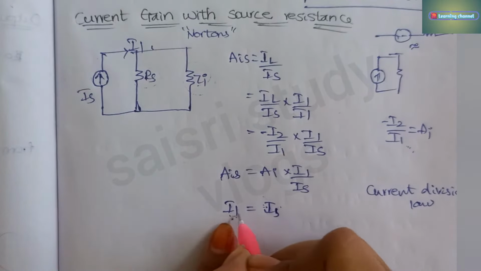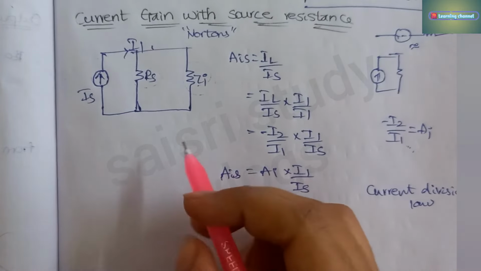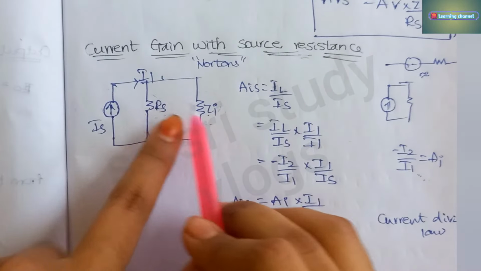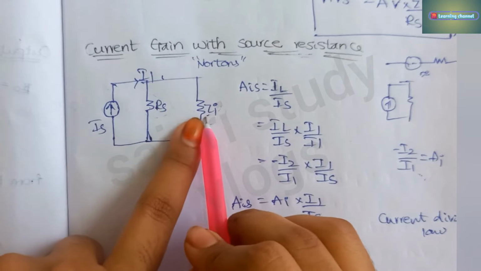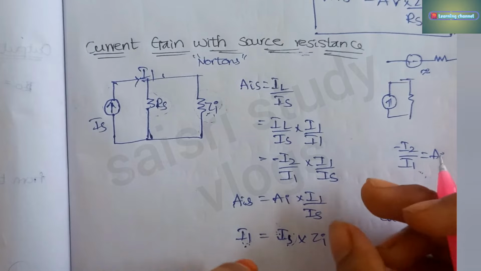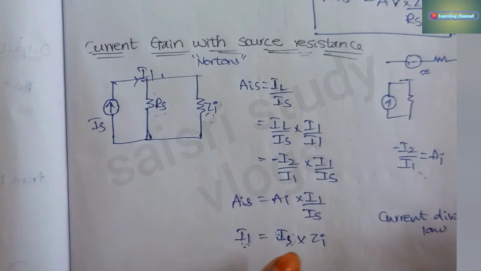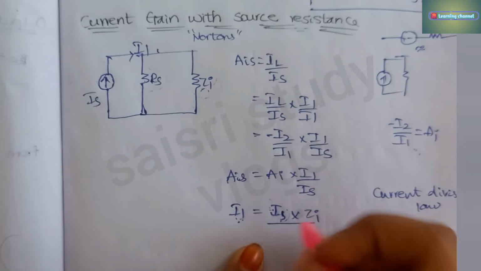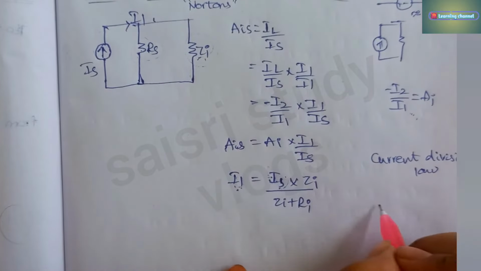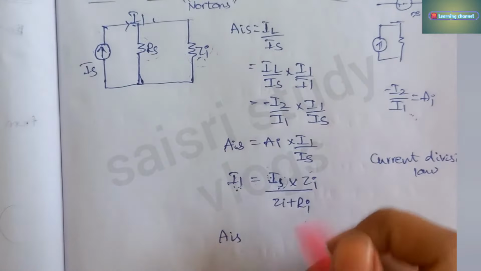So the current division law becomes the total current source Is into, where we are finding I1 at the source resistance, we have to take the opposite resistance. What is the opposite resistance? We have Zi. In the voltage division law we take the resistance where we are finding the voltage, but in the current division law we take the opposite resistance in order to find the current at that resistance. So here I1 is equal to this one. So substitute this formula here.